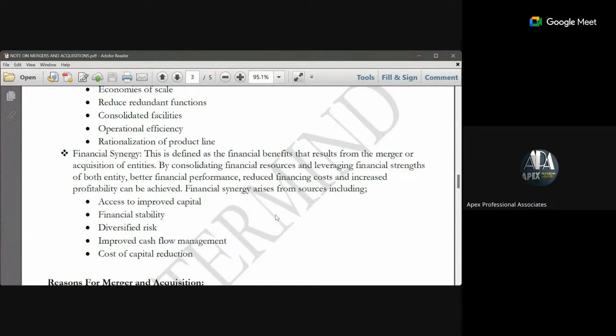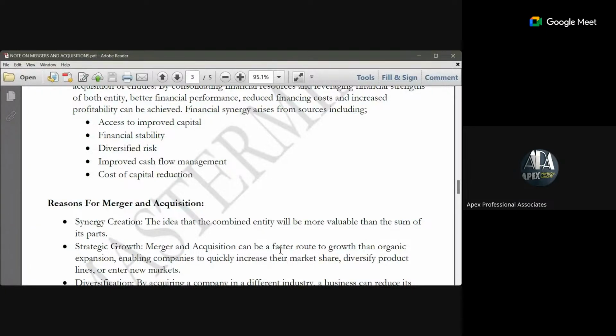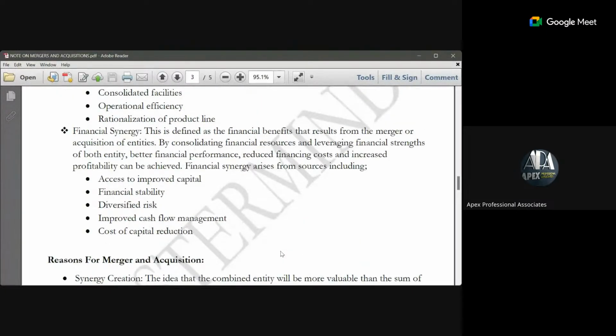Then we also have improved cash flow management. And we talked about cost of capital reduction. So those are the sources by which financial synergy might arise within an organization.